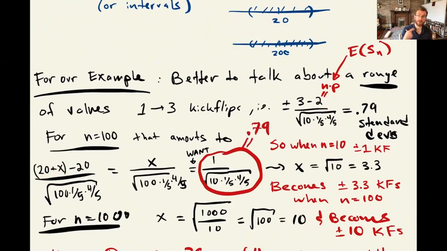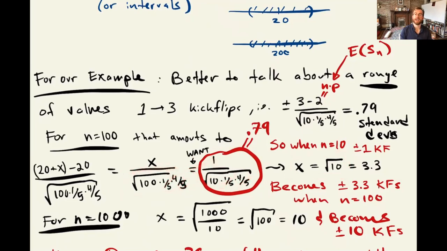So I'm trying to solve for x, where I look at the ratio of the standard deviations coming from 100 trials with the standard deviations coming from 10 trials, where n equals 10. Then I can just solve that. When I take this and put it on top here, you'll notice that all these factors cancel, and what I'm left with is x is the square root of 10.